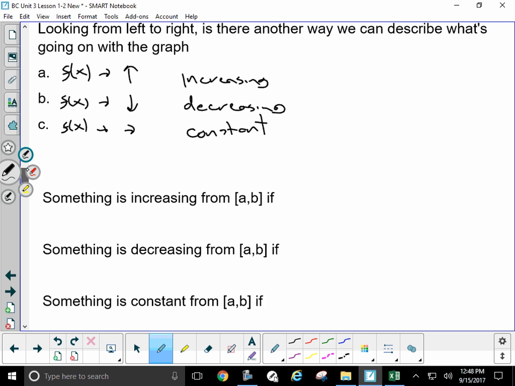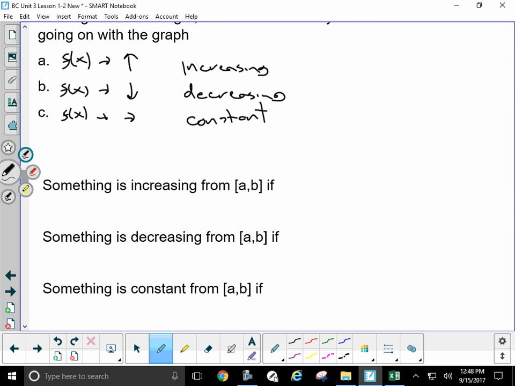Okay? Now, just in general, we will be able to say that something is increasing or going up from left to right if its derivative is positive. Something will be decreasing if its derivative is negative.